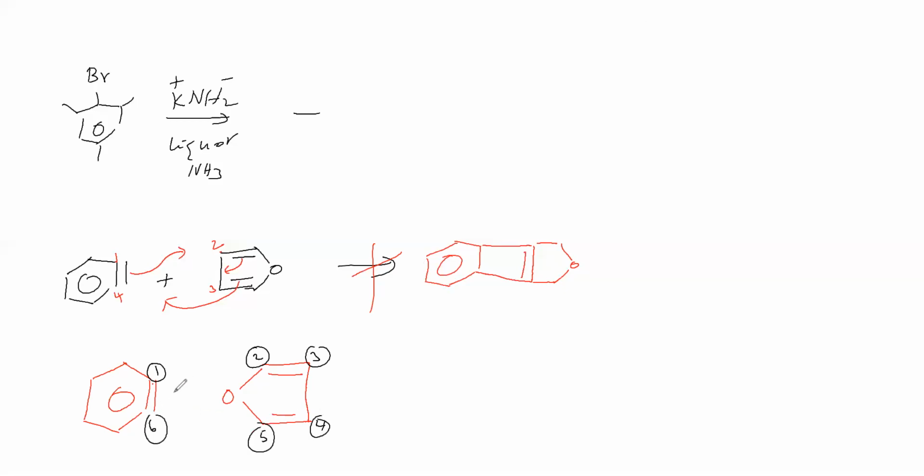Okay. Now, this pi bond is becoming a sigma bond between 1 and 2. This 2 and 3 pi bond becomes a pi bond for 3 and 4. This 4 and 5 pi bond becomes a sigma bond between 5 and 6.